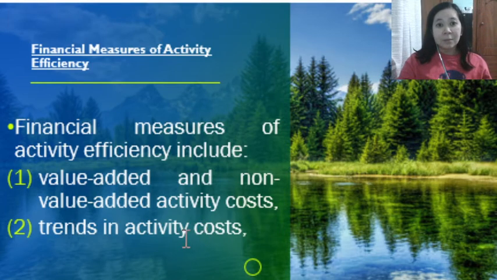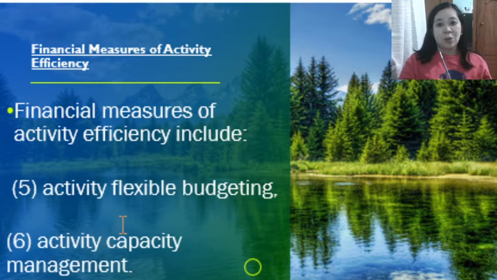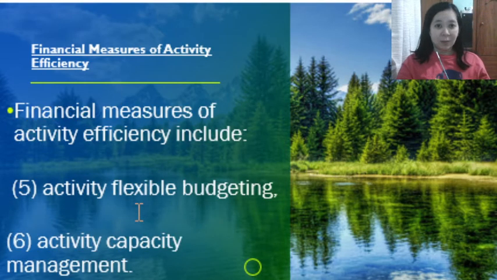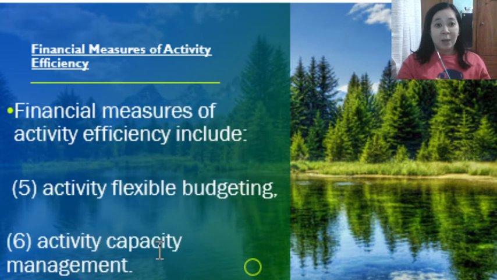It also includes Kaizen standard setting and benchmarking, as well as activity flexible budgeting and activity based management. For this video, we will be focusing on value added and non-value added activity cost and the trends in activity cost. The rest will be discussed in the next video lectures.